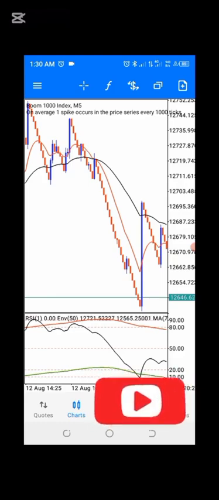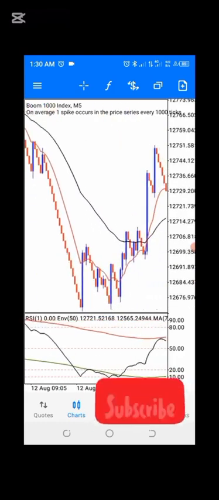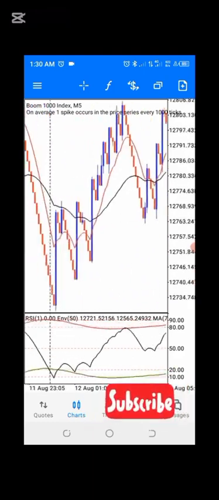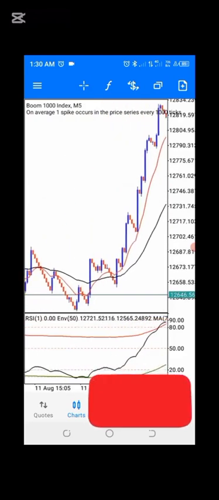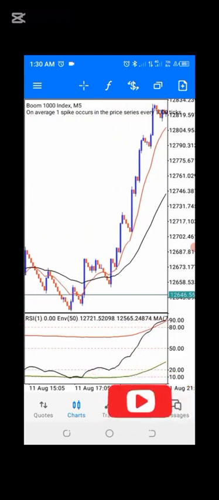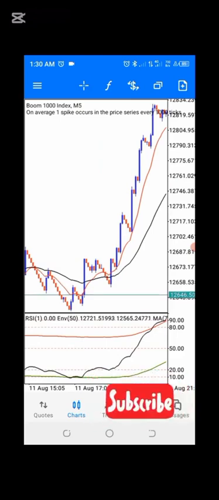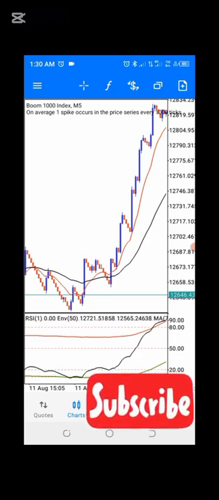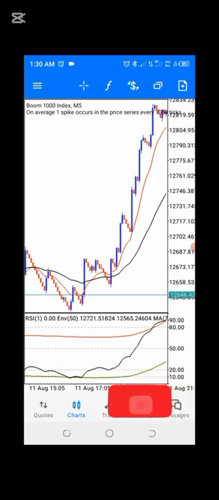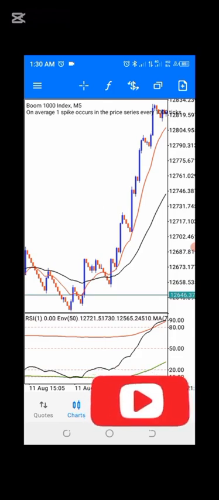Guys, this envelope strategy is very powerful, mind-blowing. So I'm going to be doing two versions of it. The first one is on how you can use it to trade spikes in Boom and Crash, in Boom 500, Boom 1000, and Boom 300.